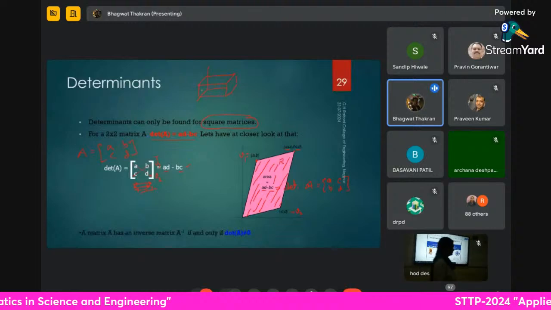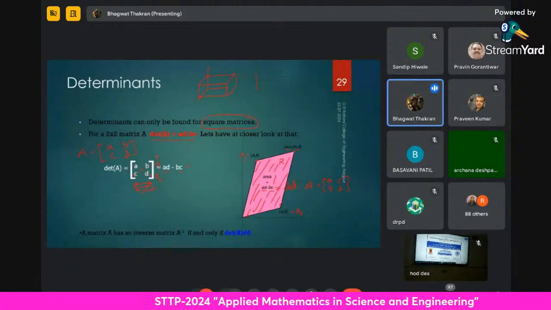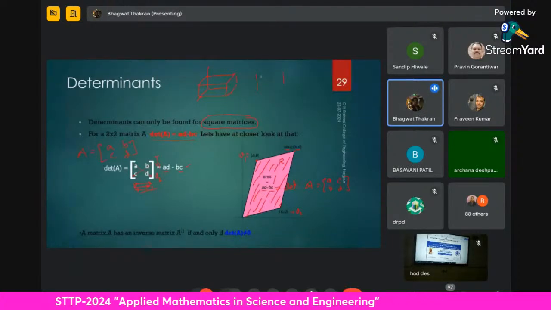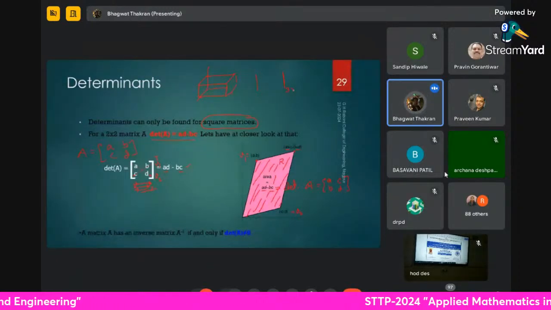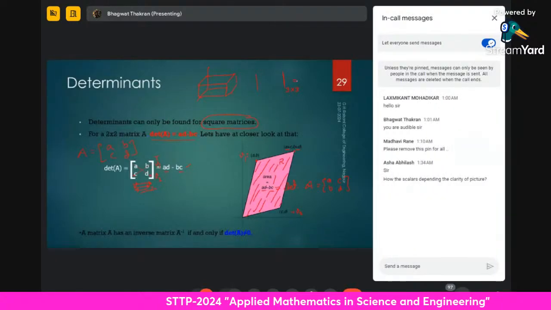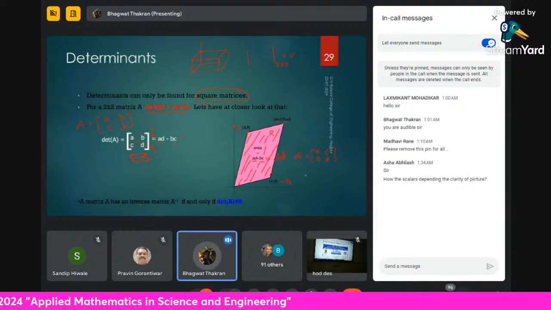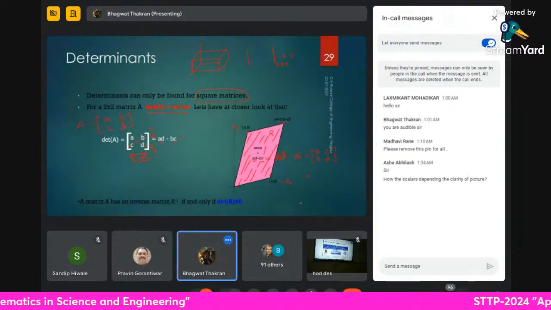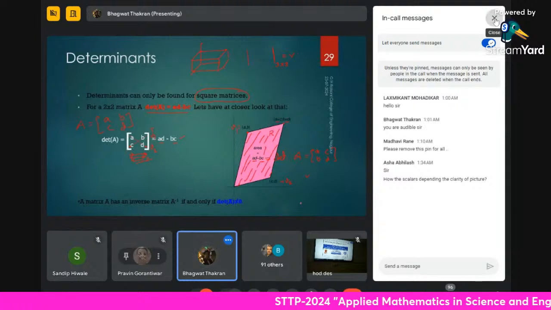It's simple. I consider the vector form of this parallelepiped and check its determinant, a matrix of 3 by 3 order. It gives me the volume. Similarly, for 2 by 2, it gives me the area enclosed by these vectors.